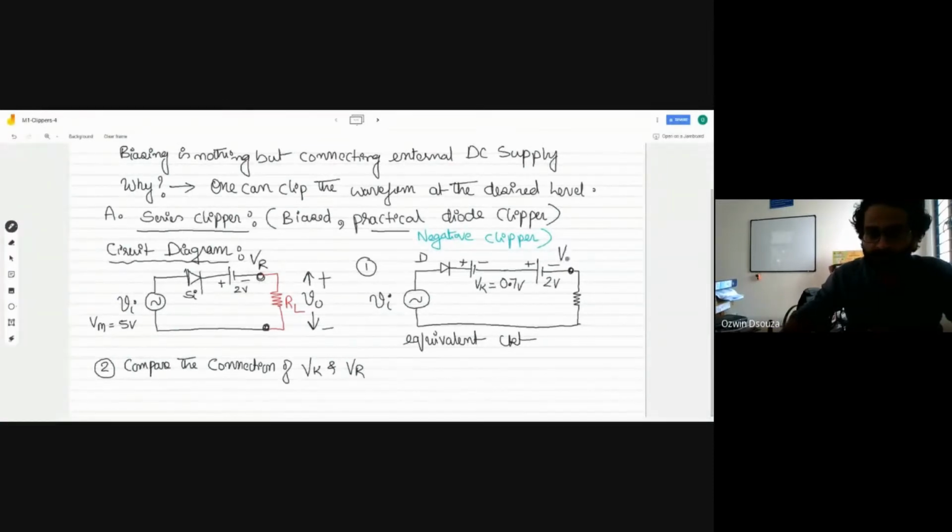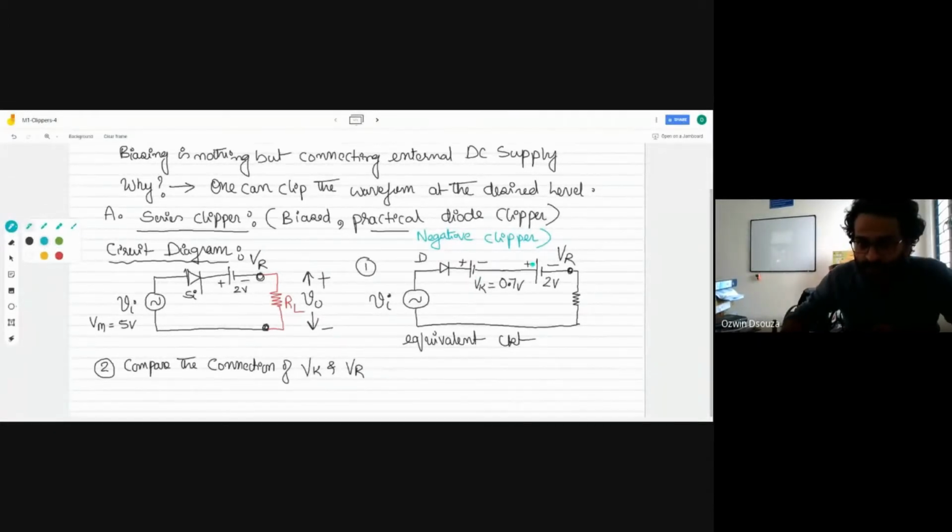So I'll write it as Vr. What do you mean by compare the connection of Vk and Vr? What I mean is how these two sources are connected with each other.